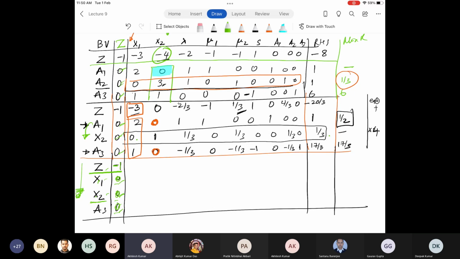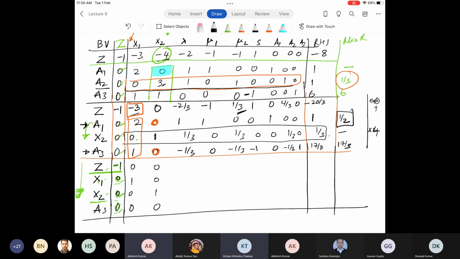Okay, anyone has a complete table? Yes, sir. Okay, go ahead. Let's start with zeroth equation. I think it's better to tell me column wise. So X1: 0, 1, 0, 0. Similarly, 0, 0, 1, 0.